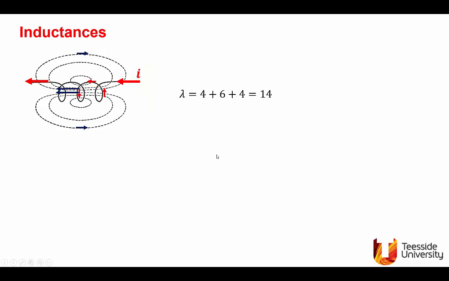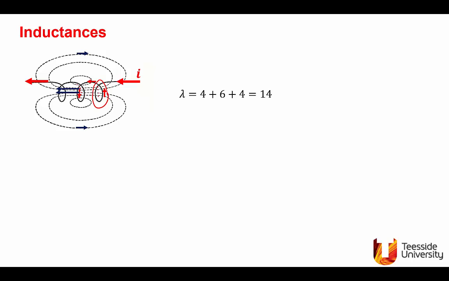You can see that the first turn here is linked by 1, 2, 3, 4 flux lines. And the turn at the end similarly is linked by 4 flux lines. The turn in the middle is linked by 1, 2, 3, 4, 5, 6 flux lines. So flux linkage is the total flux linkage.